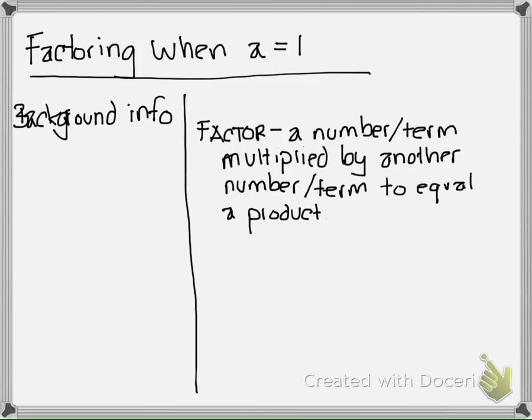So, in its bare sense, if we have 56, 56 has many factors, like 1 and 56. 1 and 56 are factors of 56. I could say 2 and 28.